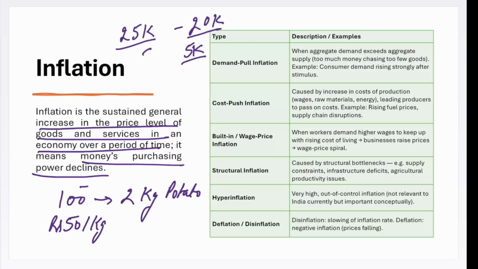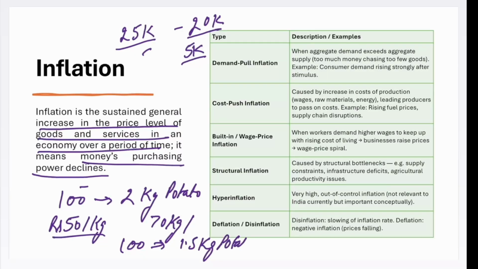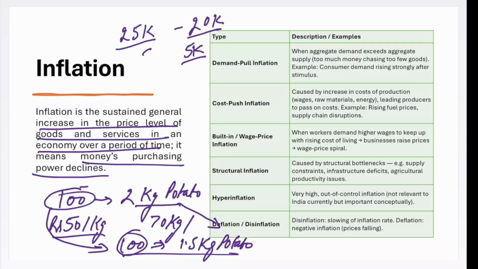Now because inflation has gone up and they now cost rupees 70 per kg, the same 100 rupees you will be able to buy only around 1.5 kg of potato. The 100 rupees remains the same, but the purchasing power of that 100 rupees has declined from 2 kgs to 1.5 kgs.